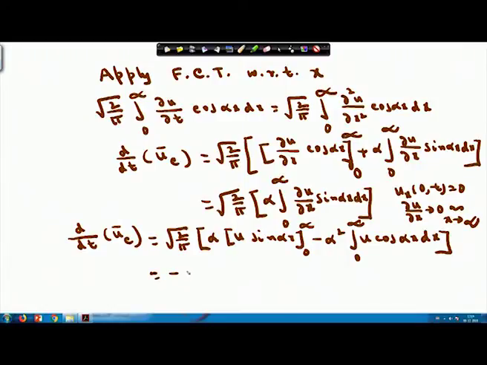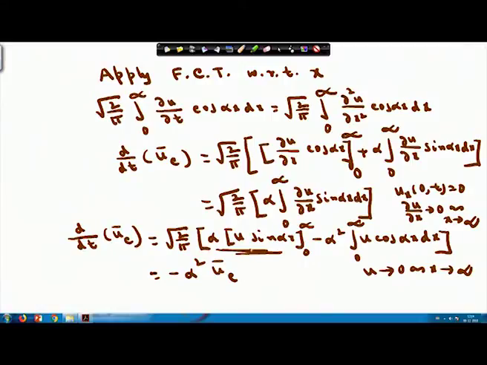And this value will be equal to minus alpha square u bar c, with the condition that u approaches 0 as x approaches infinity. We know this, u approaches 0 as x approaches infinity. Therefore, this term will vanish, and the next term, alpha square into root over 2 by pi integral 0 to infinity u cos of alpha x dx, is nothing but u bar c.